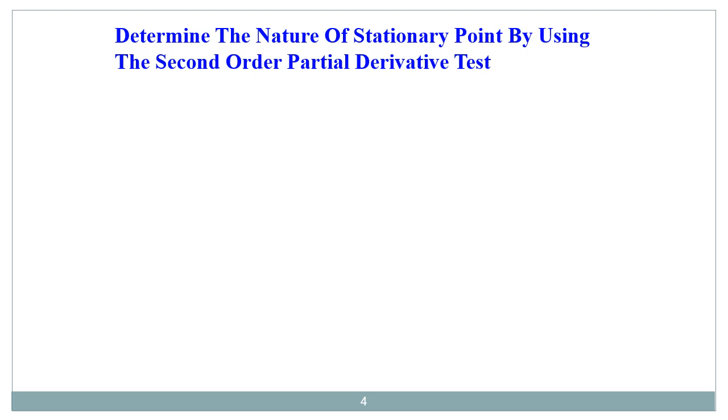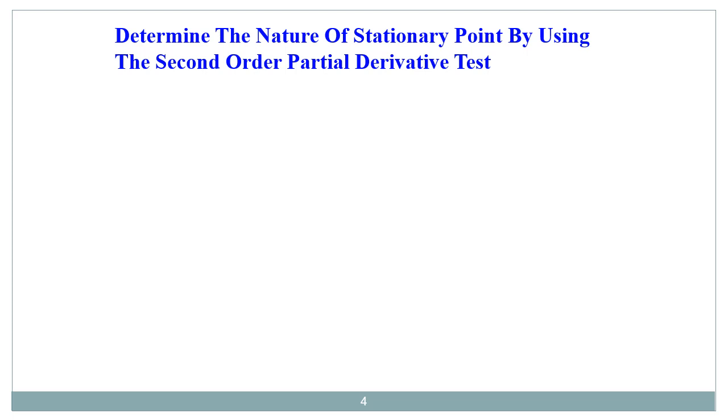Now the next step, the second learning outcome, is to determine the nature of the stationary point by using the second order partial derivative test. If we recall the differentiation method in semester 1, we directly use f double prime and check whether it's a positive value, negative value or equal to 0. If it's more than 0, then it is a minimum point, and less than 0 is a maximum point.